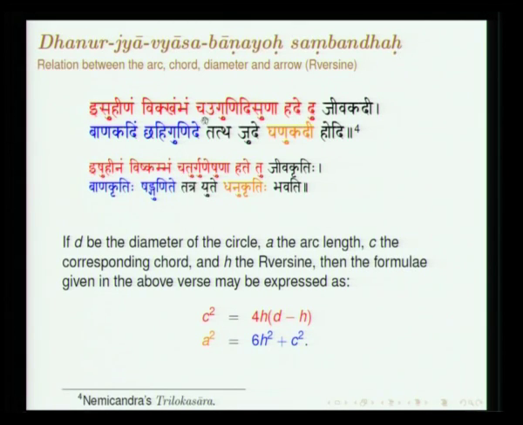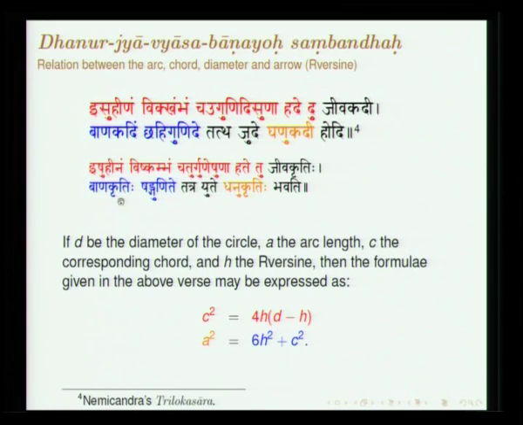So, Chaturguneshu na, so multiply by 4, and suppose Ishu is Dhanu, then Jiva Kritihi. Jiva is chord, so chord square, so you can have this approximation and that is what this says.